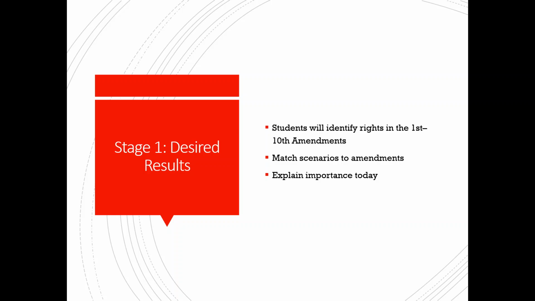These objectives move students from basic recall to application and understanding. The first objective deals with foundational knowledge. The second transitions into application, which is what STAR requires. And the third builds deeper understanding and allows students to articulate why these rights matter today.